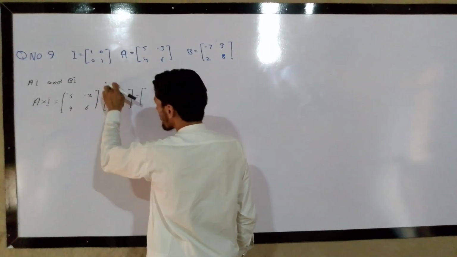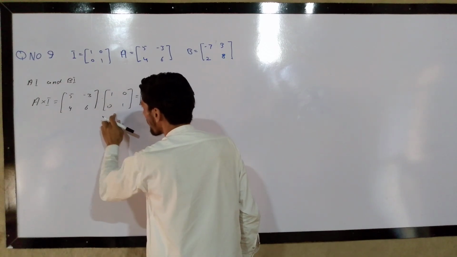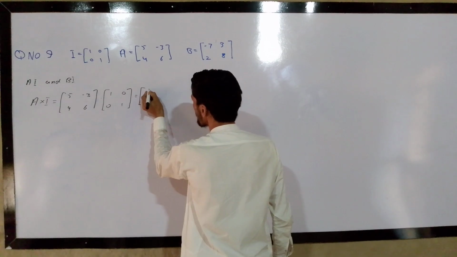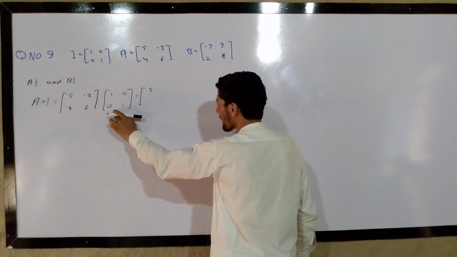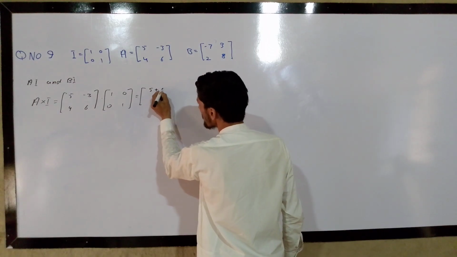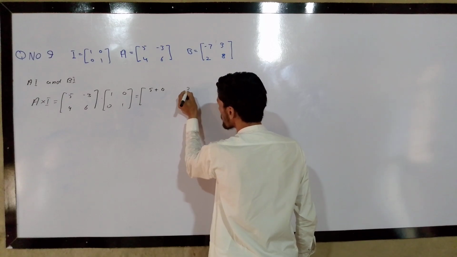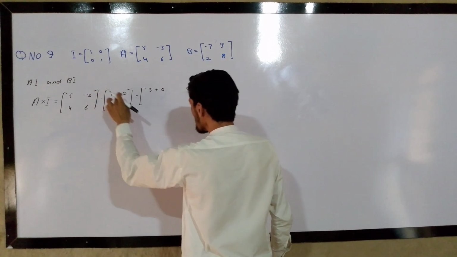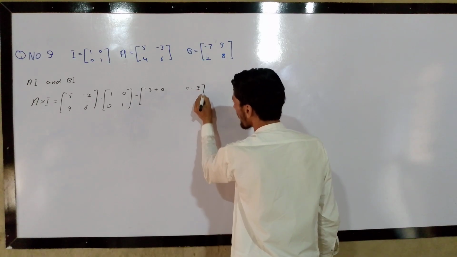Each row will be multiplied with each column. So 5 multiplied with 1 is 5. -3 multiplied with 0 is 0. Now 5 multiplied with 0 is 0. -3 multiplied with 1 is -3.